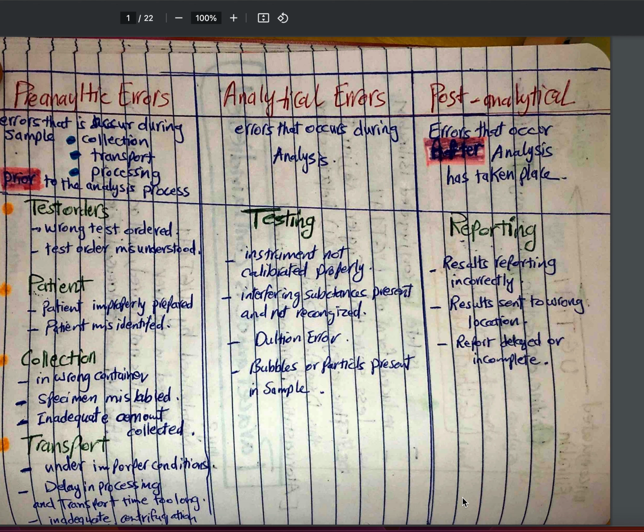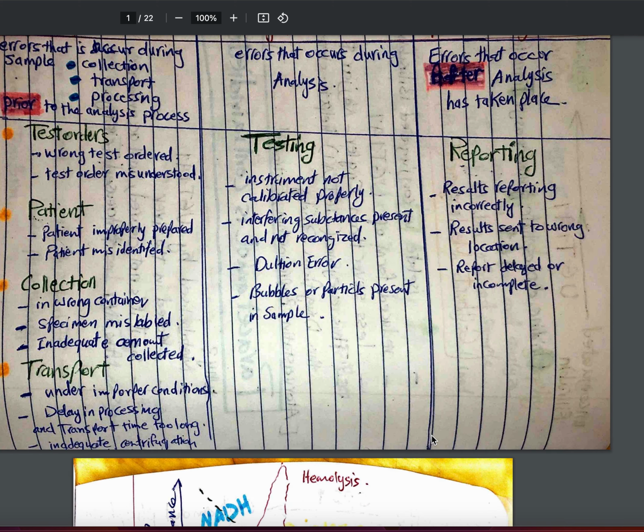It may refer to the test or the patient, the collection, and the transport. We will start with the test orders: the wrong test may be ordered, or the test order misunderstood.